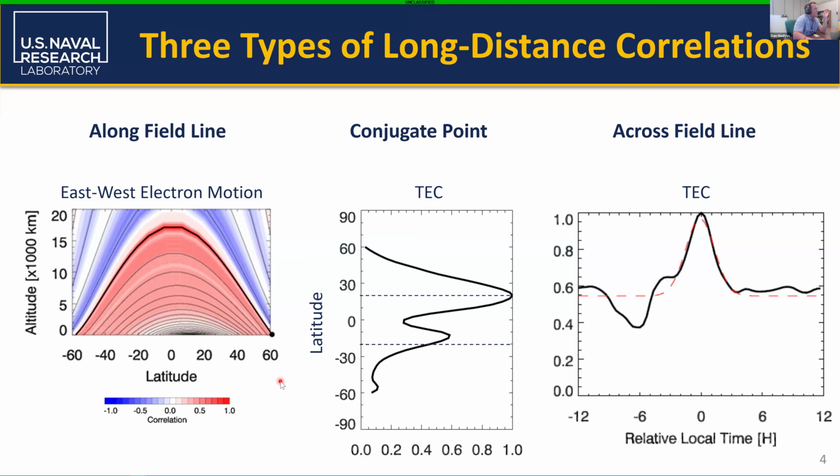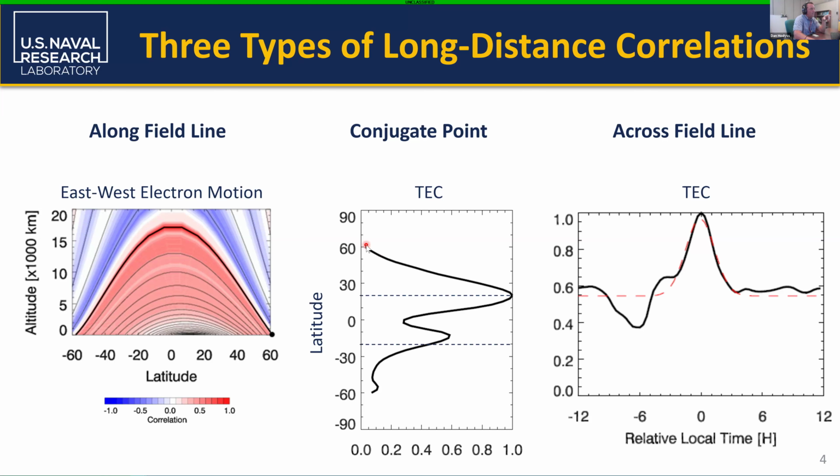Another way you can see these field lines is not in the east-west motion field, so the winds in the model, but in the total electron content, and referring to this kind of correlation as a conjugate point correlation.